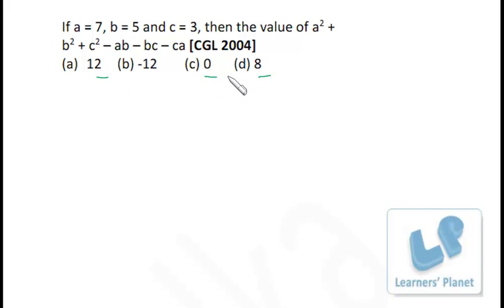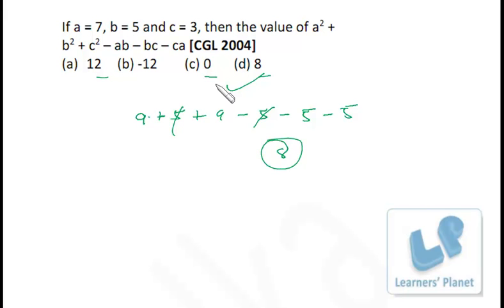Let's see what happens. 7 sevens are 49, plus 5 plus 9, minus AB, that is 5, BC 5, CA, that's once again 5, right? So it's 10 minus 18 minus 10, unit digit must be 8. Okay, so that's in this option. No need to go further, no need to go for the entire calculation. I hope you are clear.